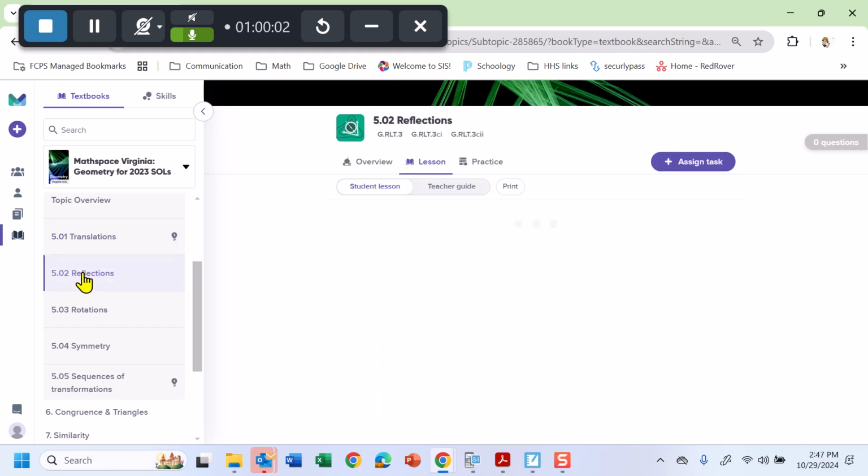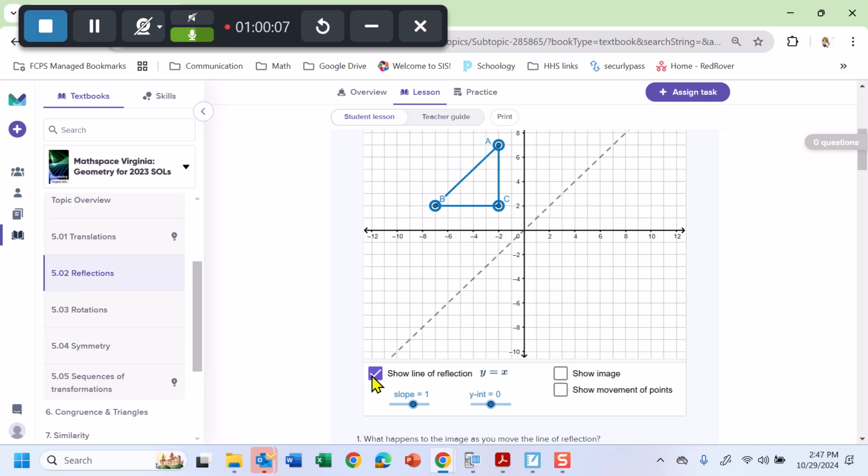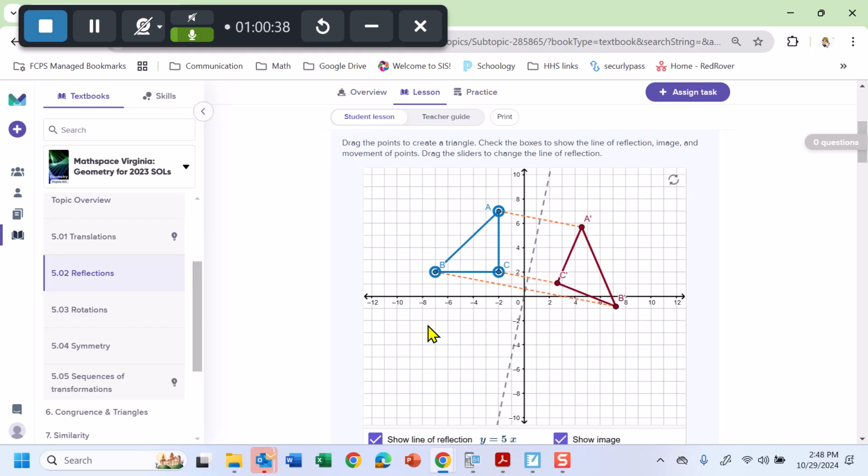Let's talk about the reflections. If you go to the reflections, it'll show you your line of reflection, and I can go ahead and change the slope of my line of reflection, and I can have it show me my image. So then I can have it show me the points and measurements if I wanted to. But what's crazy is as I move my slope, I can see my line of reflection changing.